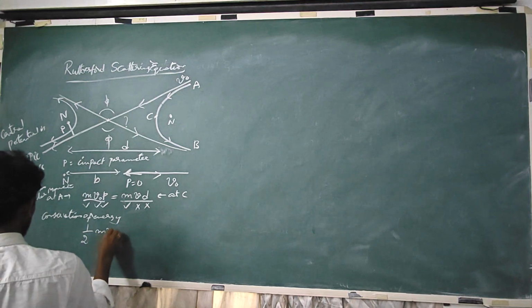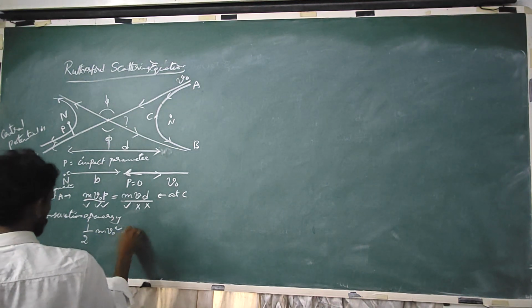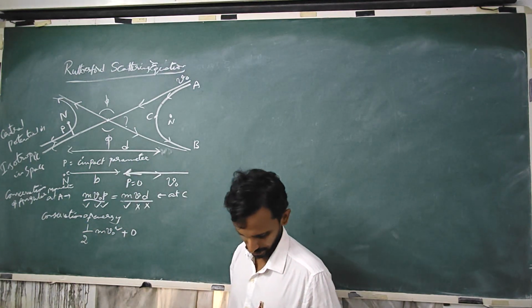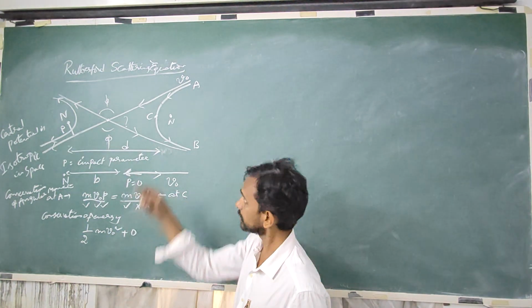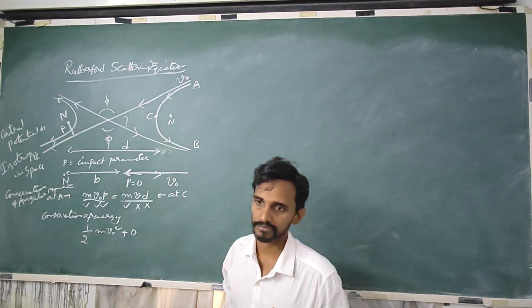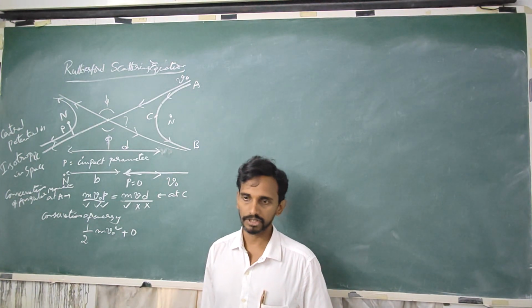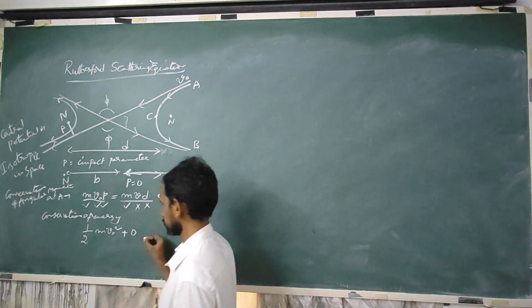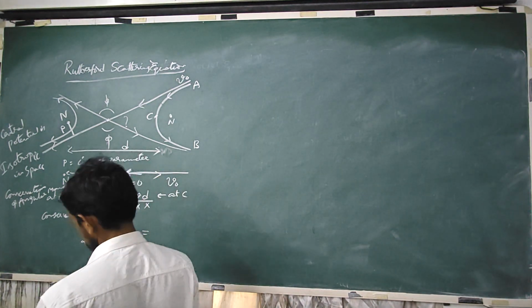Half m v naught squared. The potential energy is 0 at point A, as we are assuming it is very far from the nucleus, so there is no potential energy involved there. The particle has only kinetic energy.